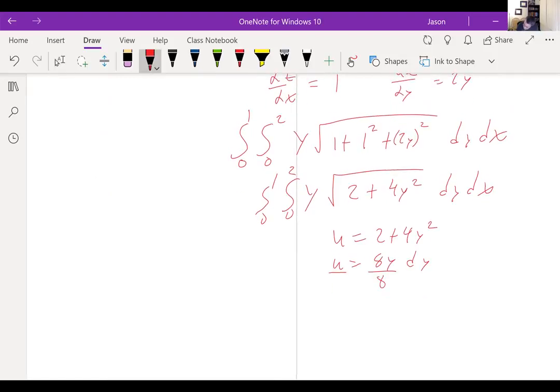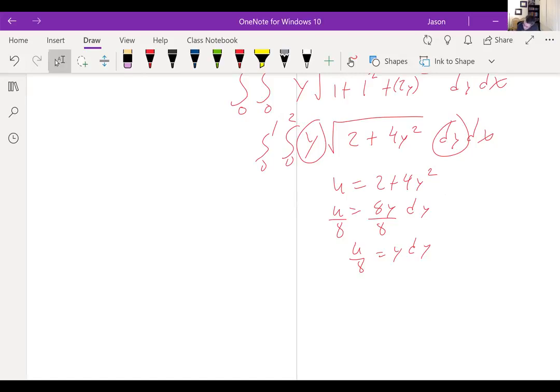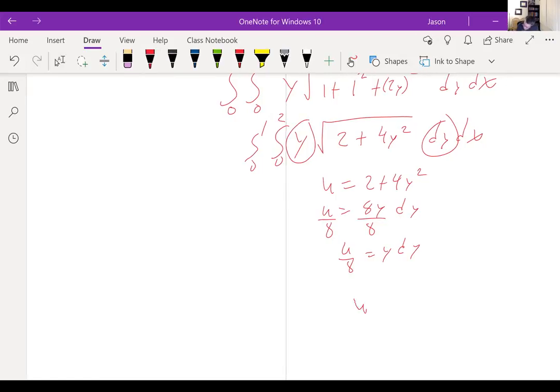Divide by 8, and look at that, we've got our y dy. So du over 8 is y dy. Then we've got u to the 1/2 du over 8.